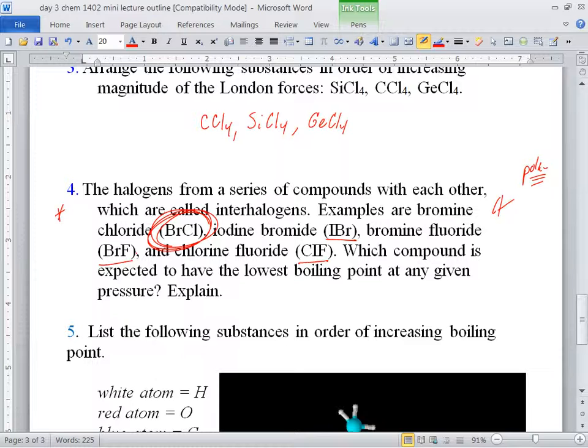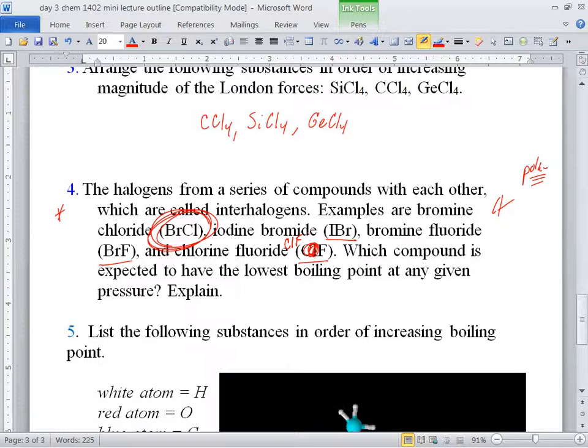It should be ClF, chlorine. Okay, ClF. So which one would be the least polar? The two that are the closest together on the periodic table. ClF is really close.